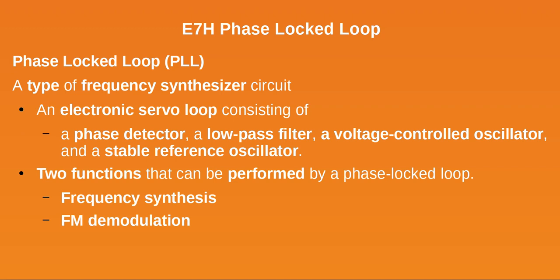So you can not only synthesize a waveform, in this case it's basically going to be a sine wave, but you can also use it to demodulate an FM signal instead of using the discriminator or ratio detector.